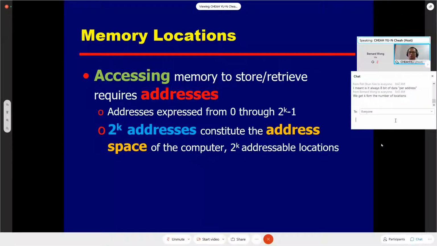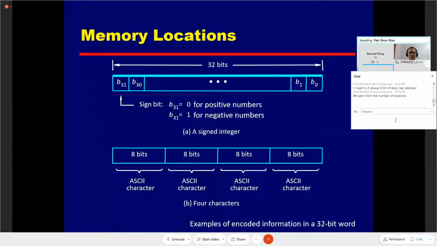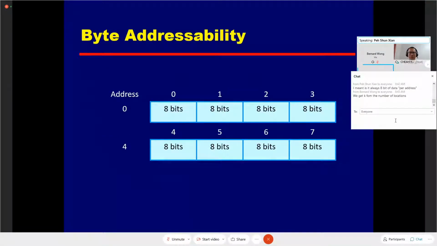I'm the one who asked the question. What I meant was, let's talk about the address itself. Let's say we're talking about address 0, 1, 2, 3. If I'm talking about just one single address, let's say address number 1, is there always 8 bits of data inside that one address? Yes, because we're talking about byte addressability.